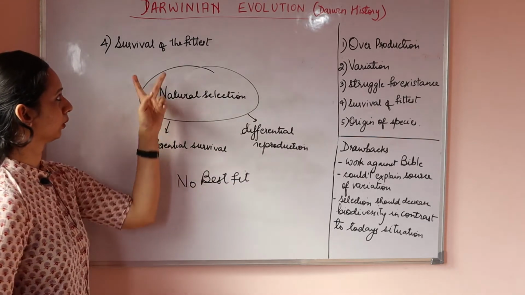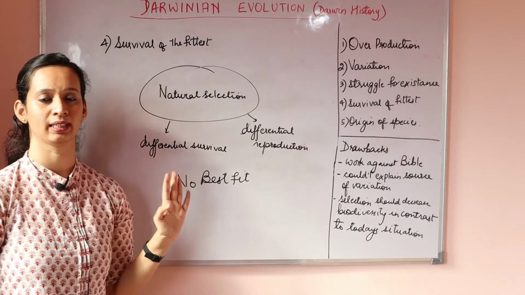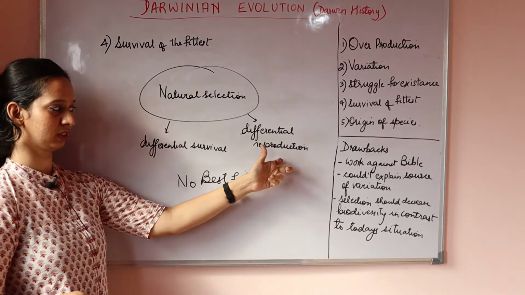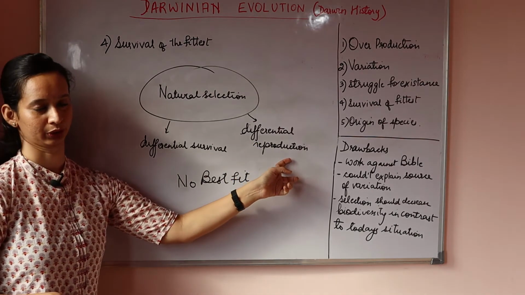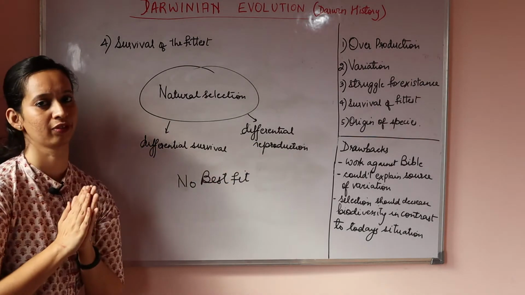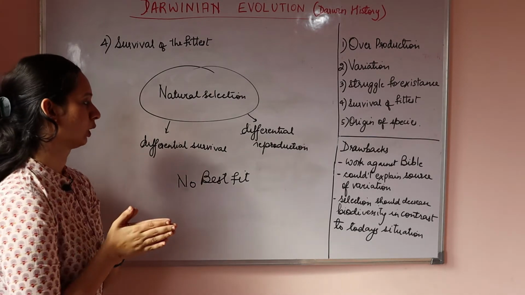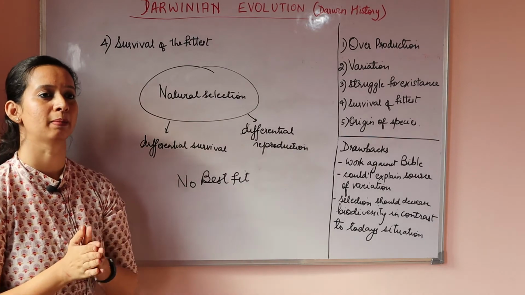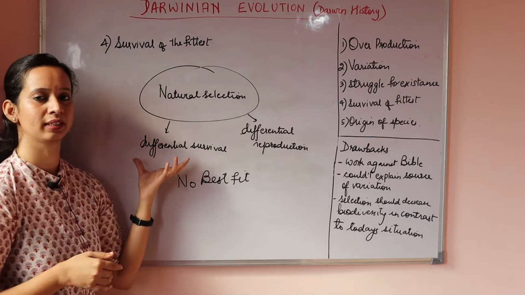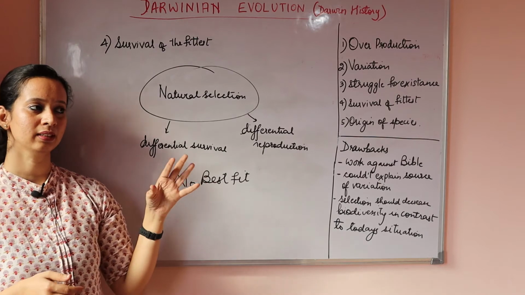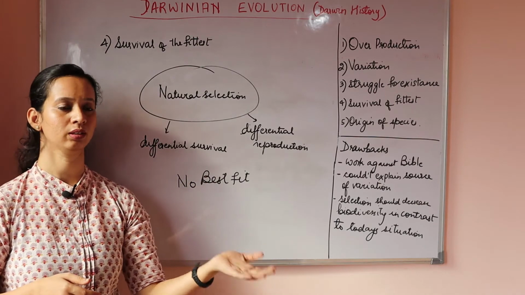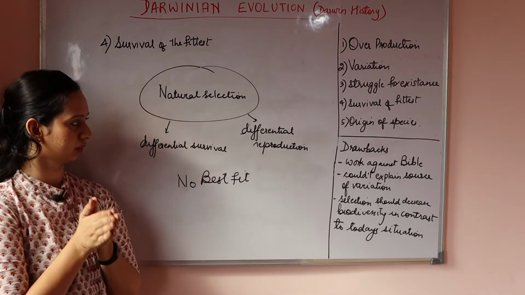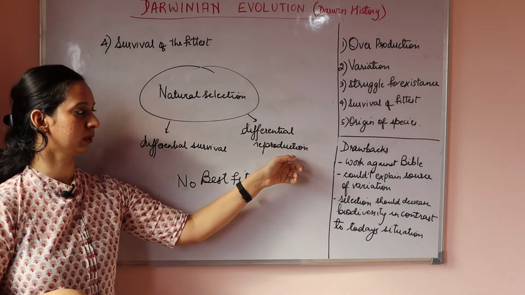Now, there are two terms that Darwin has always focused on. One is differential survival and one is differential reproduction. If as a result of competition, one species has a better tendency to survive compared to the other, then it is called differential survival. That means with respect to the other, this particular species has better survival capacity. Differential reproduction means what?